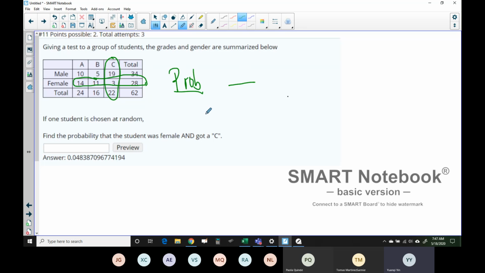The word "and" is very important here because this tells you that you want exactly two things. What are the two things that you want? This person has to be female and has to have a C. Well, we know that the denominator is 62 because that's the total. But what is the number that will go on the top? 3. Right.